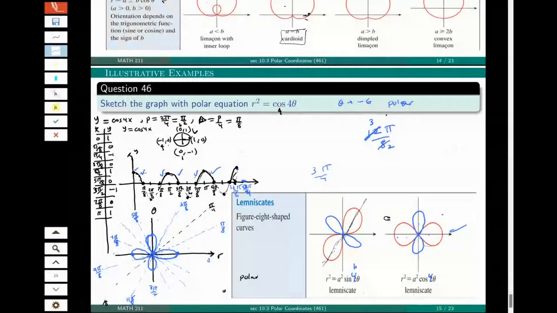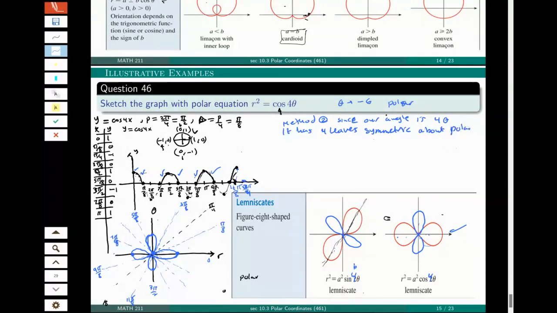So all we need to say, if we are using method 2, we will say since our angle is 4 theta, it has 4 leaves, symmetric about the polar axis and the origin.